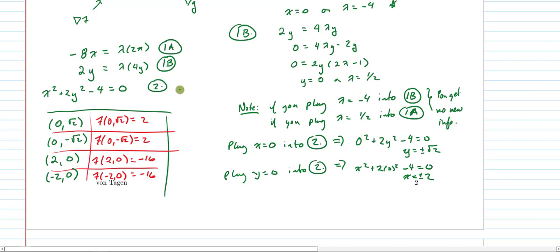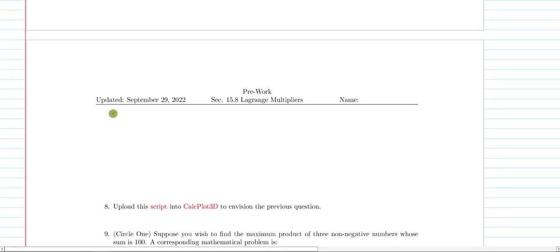So, from this information, we can infer that f has, let's go ahead and write this on the next page. Yes, so f has a global, let's say it like this, f when restricted to the constraint, and our constraint was that x squared needs to be equal to 4 minus 2y squared.